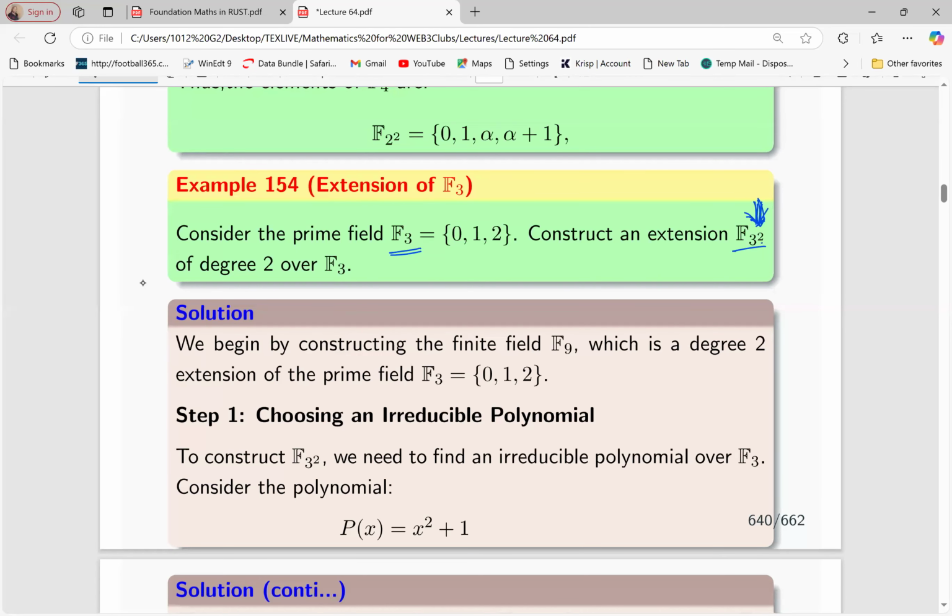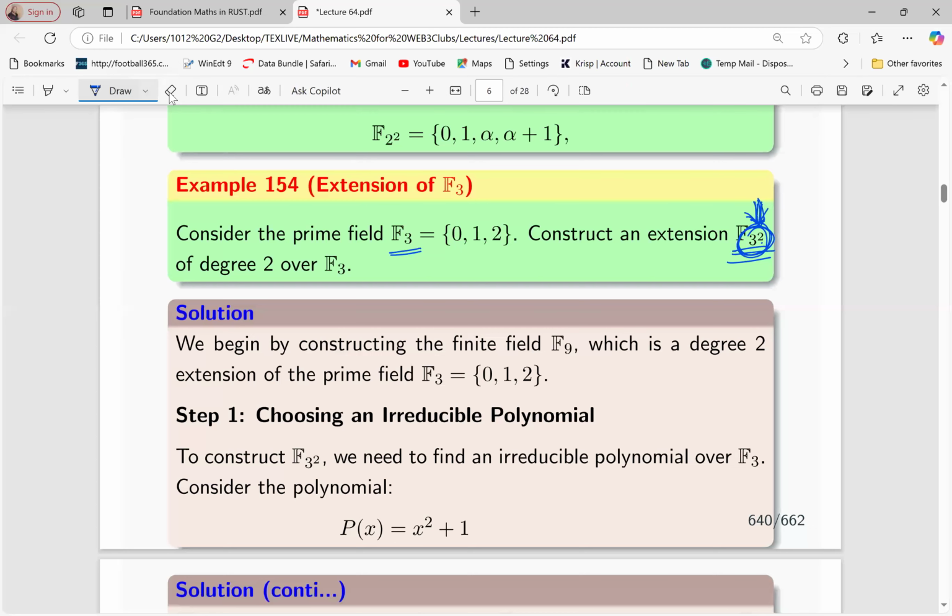But before that, let us first of all start by generating the elements of this extension. There will be 9 elements from what we see here, 3 raised to 2. And we know the format.